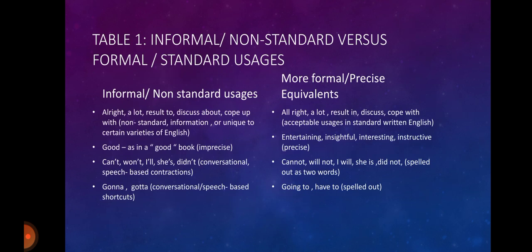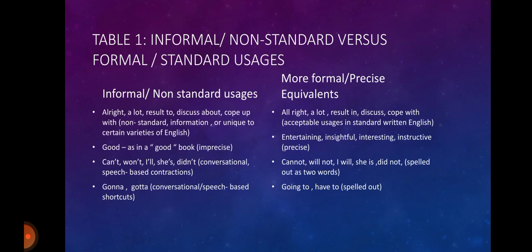Table 1. Informal or non-standard versus formal and standard usage. Informal or non-standard usage: alright, a lot, result to, discuss about, cough up, cope up with, non-standard information or expressions unique to certain varieties of English.